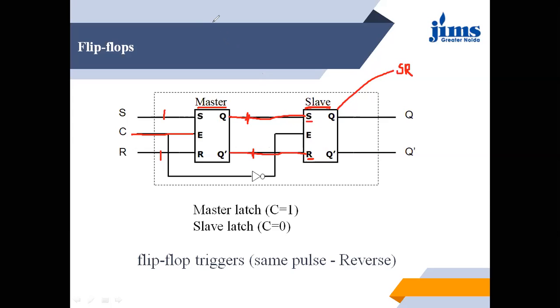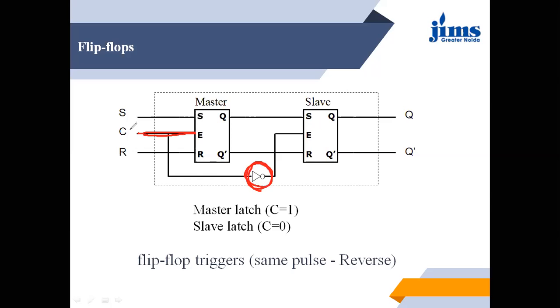But you can see that in case of the clock, if I am giving a clock to the first, then to the second flip-flop I am giving a reverse signal.